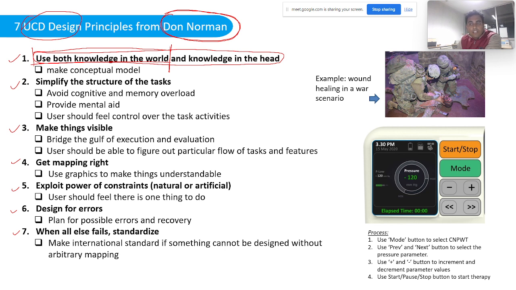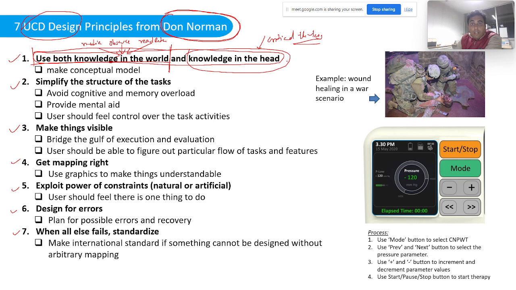So collect all the information that is available in the world, including what you observe, what you've read in literature, what is available in media, all sorts of sources, and use all this knowledge together with the knowledge in your head. That means the critical thinking you have from your educational background, or the logic you have in your mind.